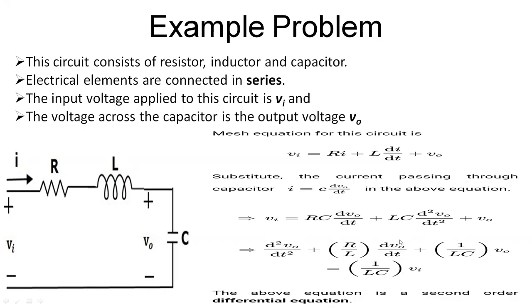We are only rearranging this by dividing both sides by LC. Now this equation, with d square V0 by dt square, is a differential equation of the second order. That's how we find it.